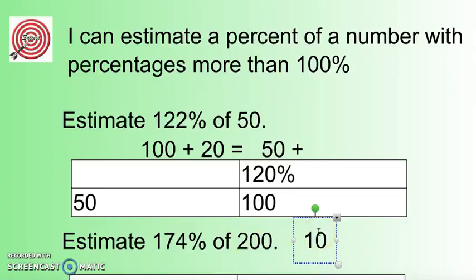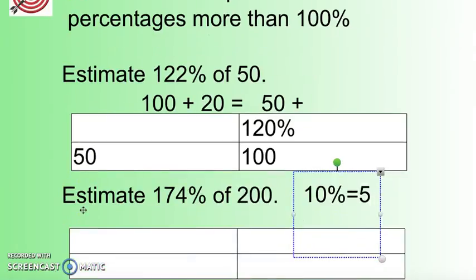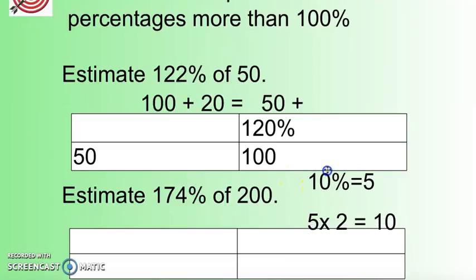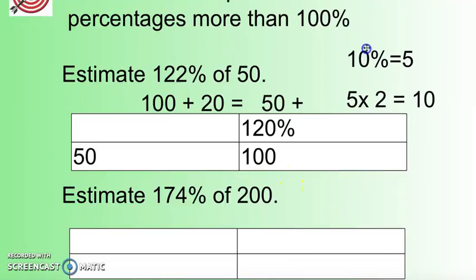How do you find 10% of 50? Well, if I move the decimal point once, that would be $5. And I want 20%, so I have to do 5 times 2, and that would be another $10. So if I start off with $50, because that's 100%, and then I add another $10, where am I at? So my estimate is about $60. Nice job.